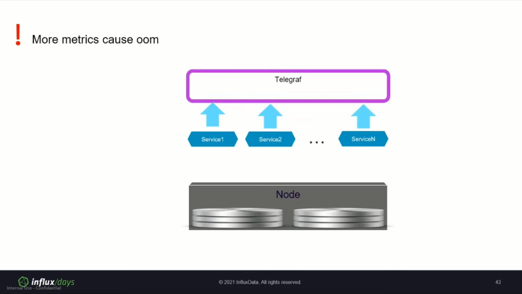At some point, if services push too many metrics, Telegraf will hit its memory limit and will be killed by the OOM killer inside the Docker container. That is not something we want to happen on error conditions.